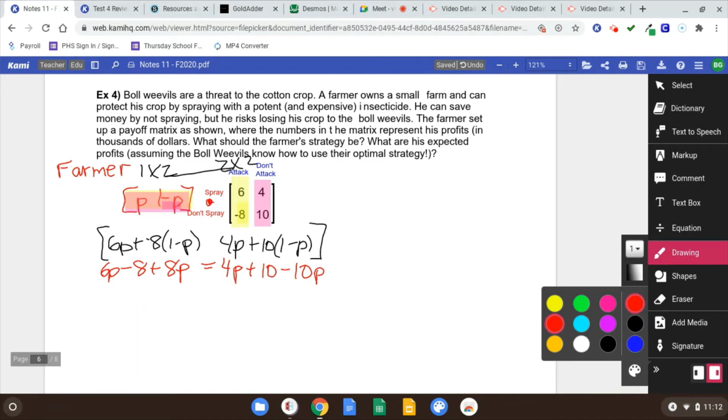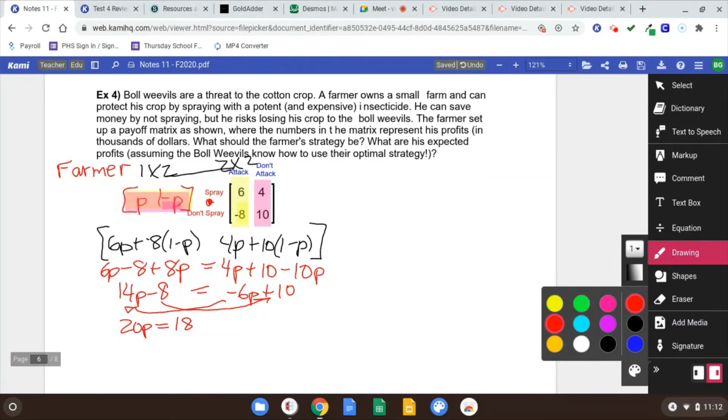I'm going to clean up on the left, 14p minus 8. And on the right, that's negative 6p plus 10. All I'm trying to do is solve. So this is just straight algebra. Add the 6p over, that's 20p. Add the 8 over, that's 18. 20p equals 18.